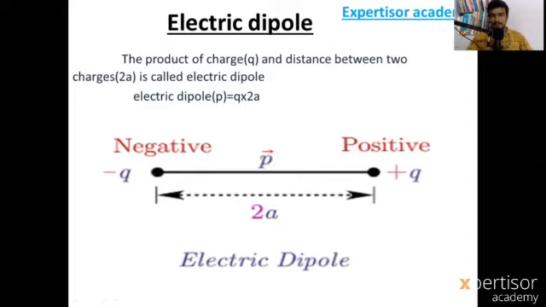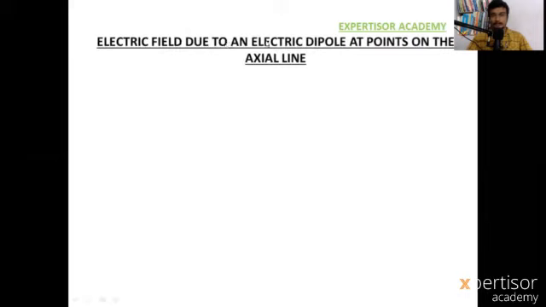At that point, what is the electric field? So the next topic is the electric field due to an electric dipole at a point on the axial line.